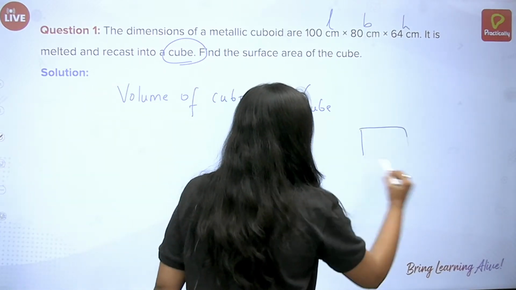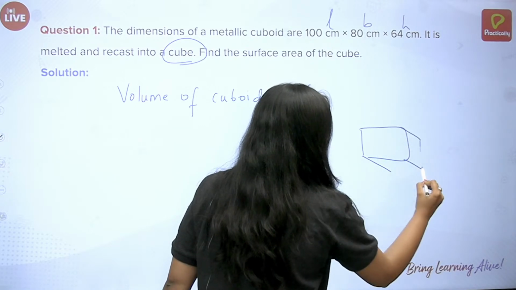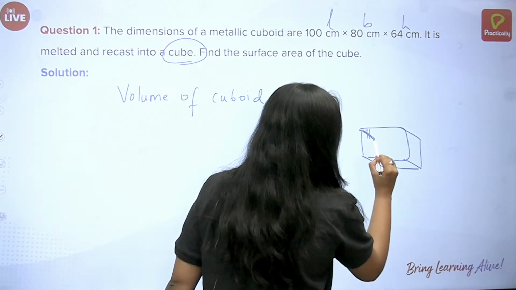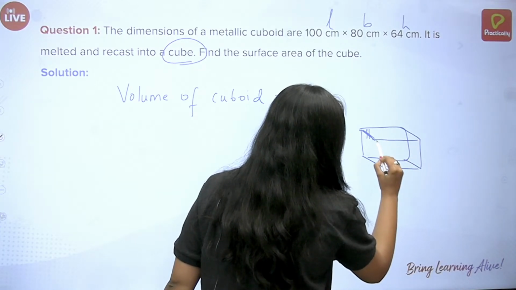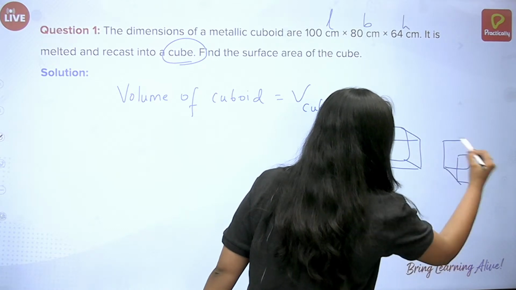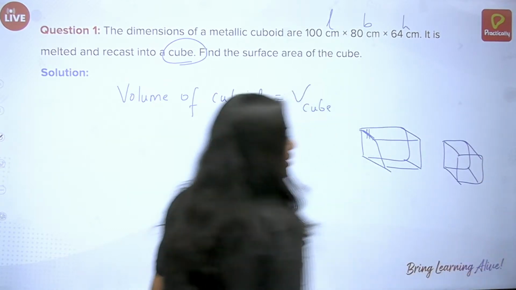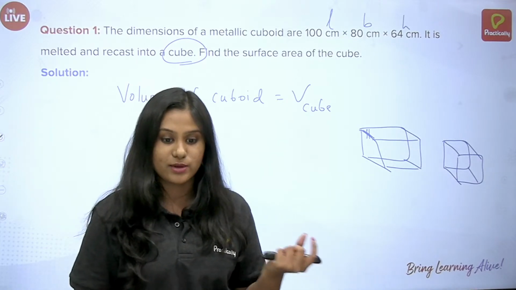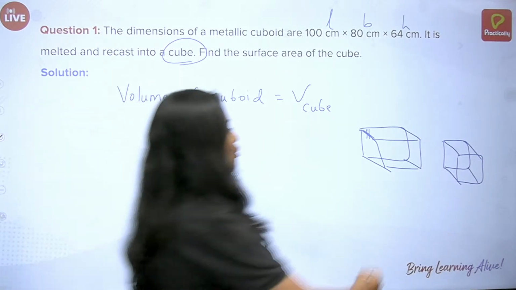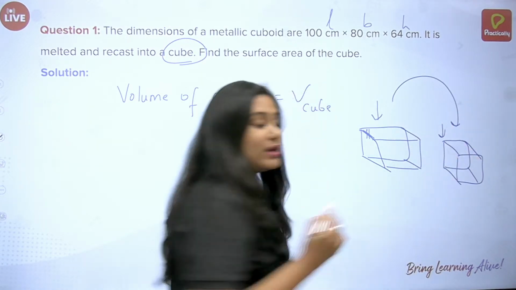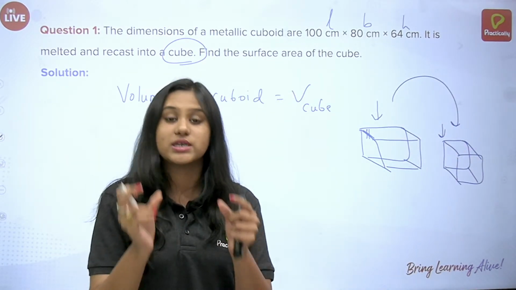So if this is the cube, okay. Alright, I'm very bad at drawing. So when one solid is melted to the other solid, the only thing which remains constant is its volume.